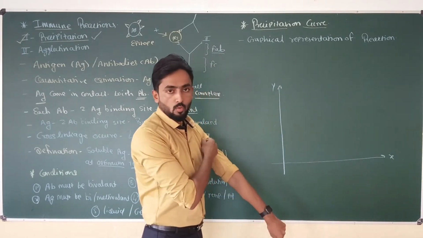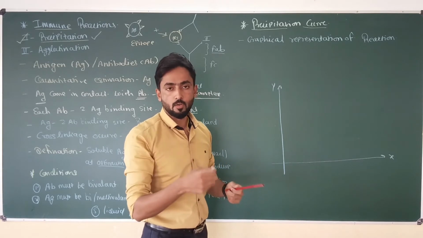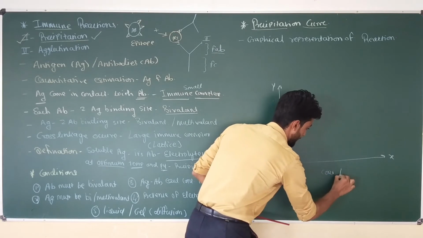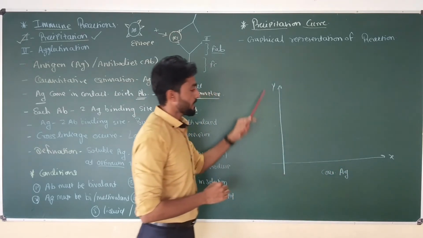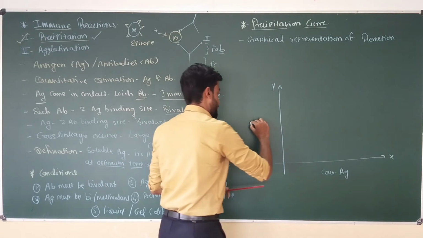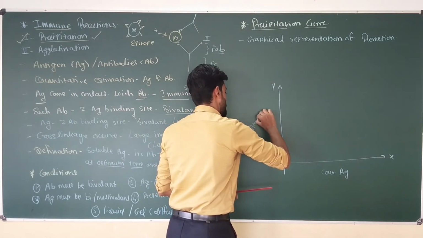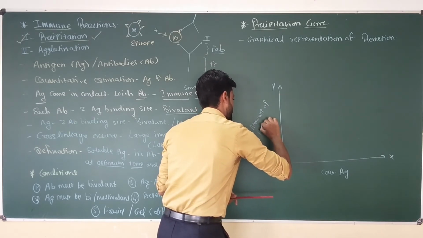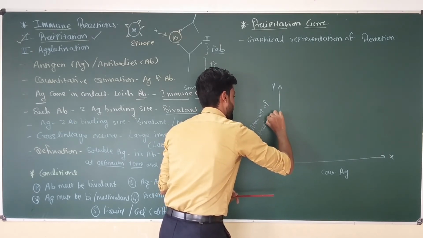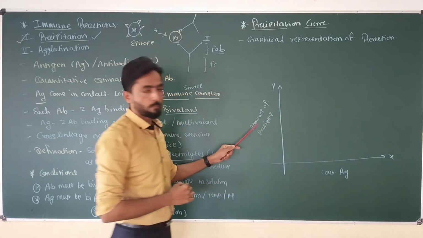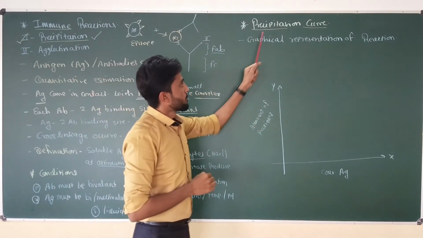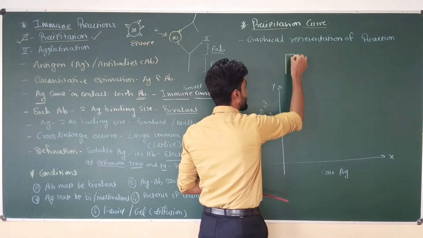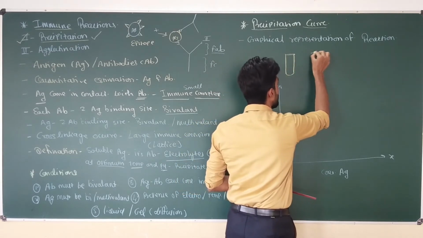On x axis, we take increasing concentration of antigen or antibody. Here I am taking the concentration of, say, antigen. And on the y-axis, we take amount of precipitation, amount of precipitant. Okay, what is amount of precipitant? If for the precipitation curve, I take 6 or say 5 test tubes.